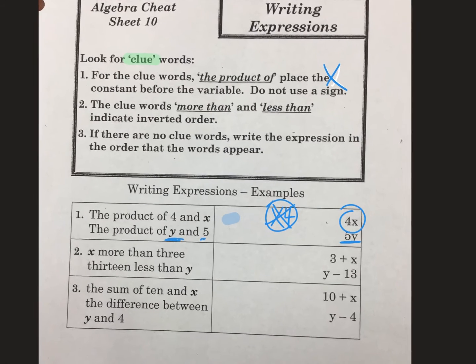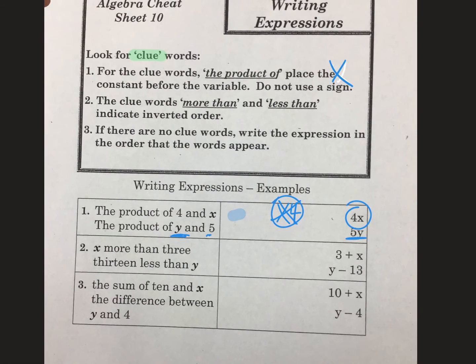Now, number 2 and 3, or especially number 2, is the most important here. It talks about the clue words more than and less than. Anytime you have those words in your expression phrase, you're going to invert the order. For example, x more than 3. That tells you that you're going to add 3.